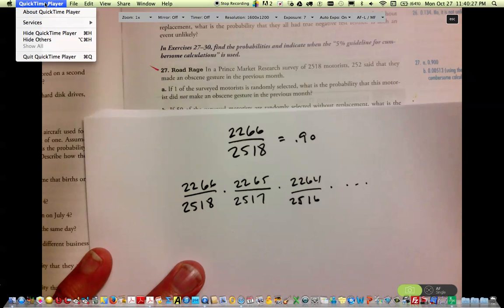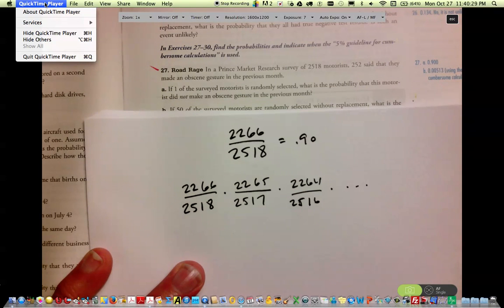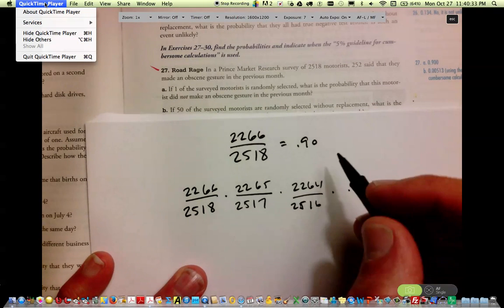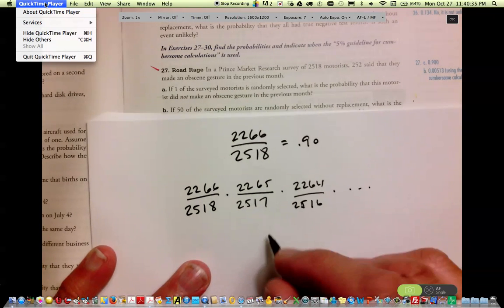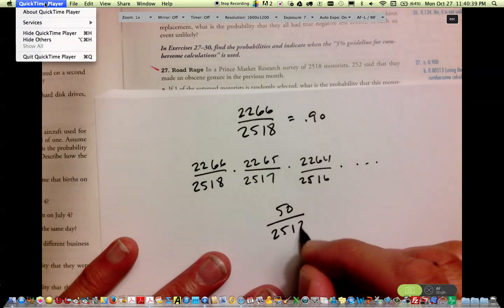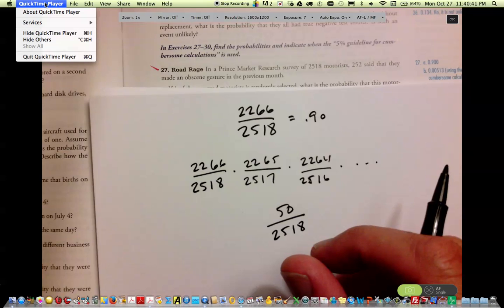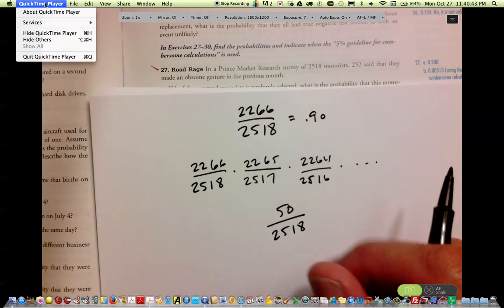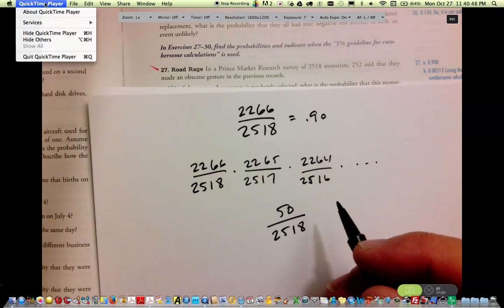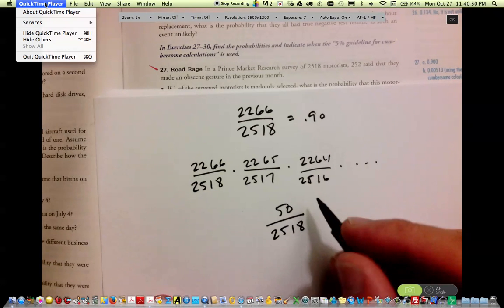Okay, that sounds to me like what your book calls a cumbersome calculation. All right, what I'd like to be able to do is say, you know what, we're only taking 50 out of the 2,518. And 50 divided by 2,518 gives me about 1.9%.